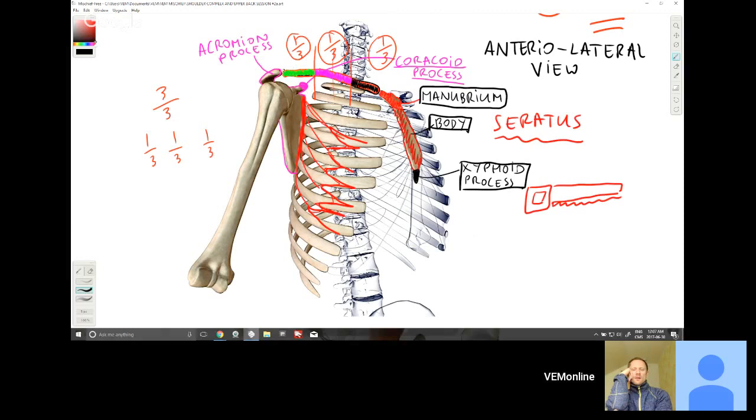Clavicle, which we can divide in 3 parts: lateral third, middle third, and medial third. Scapula, very significant features here, acromion process of the scapula, and coracoid process of the scapula.